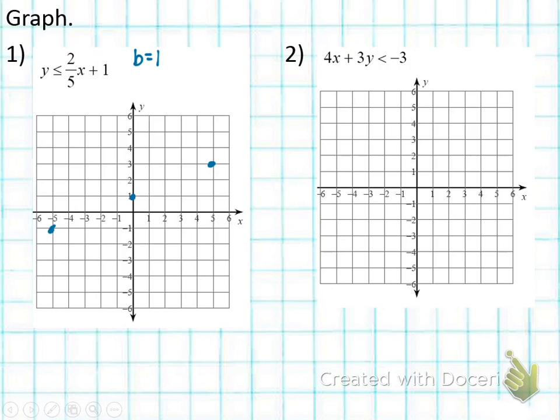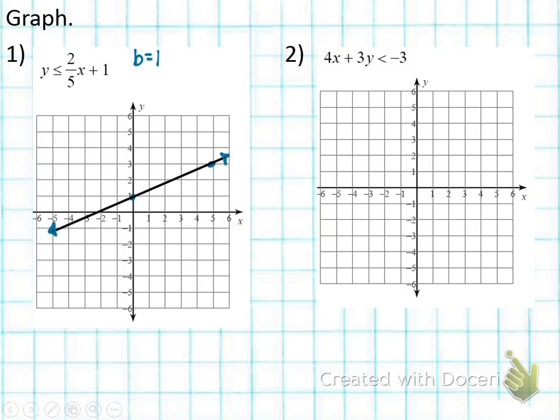Now I'm going to draw a line. Since our inequality has less than or equal to, it specifically has equal to, we're going to draw a straight solid line. We want to make sure it stays solid. Then, what does it say? It says less than or equal to, so we want to shade underneath it.